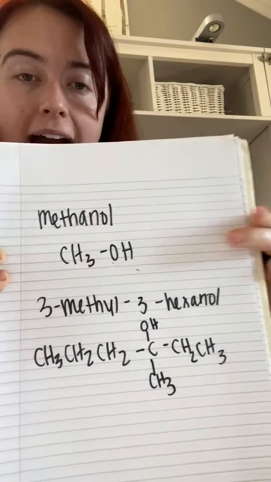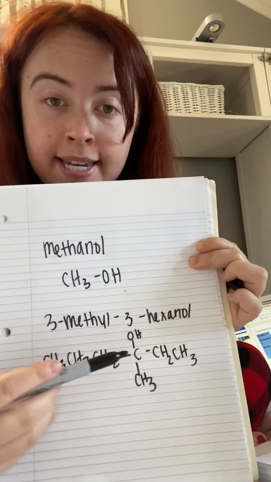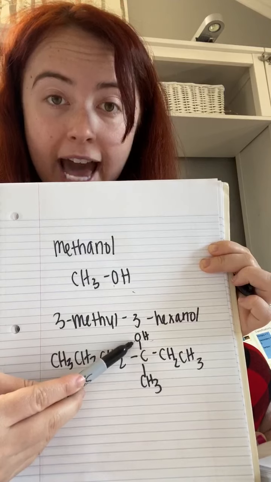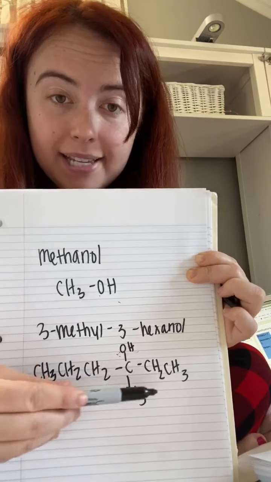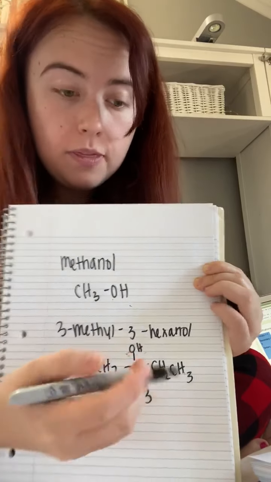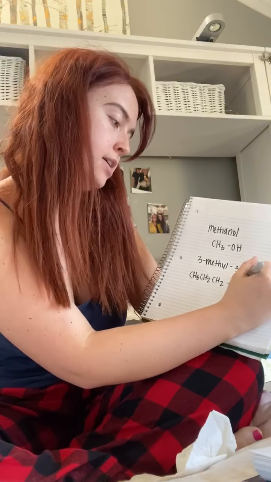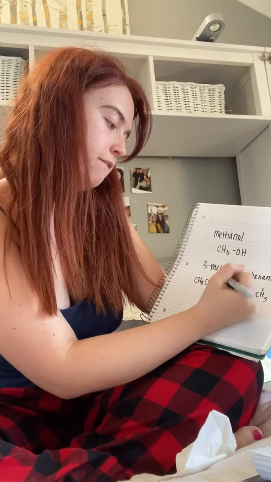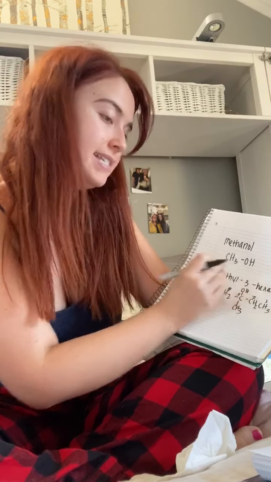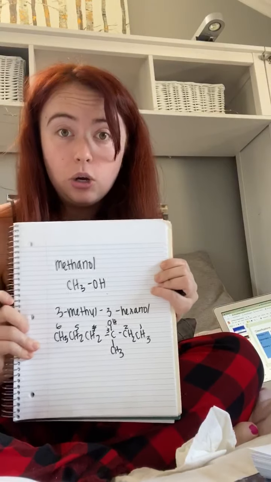Now, if we were looking at this, how do we name it? You have your OH group. You're going to count from this part because this has 2 carbons, this has 3. So this would be 3, 4, 5, 6 because it's hexanol.